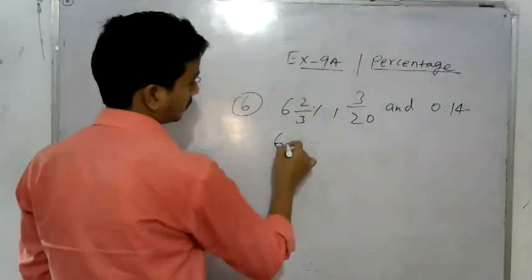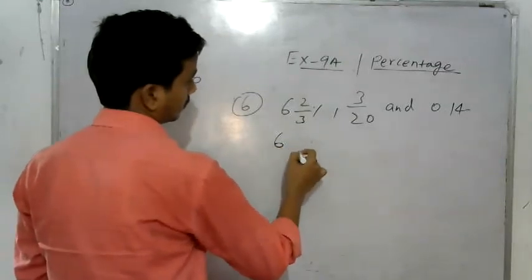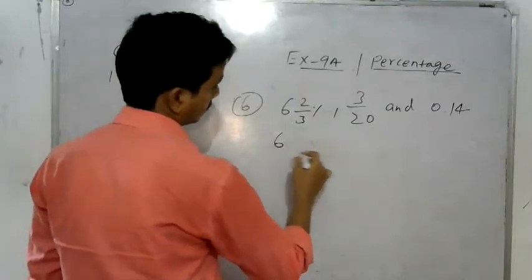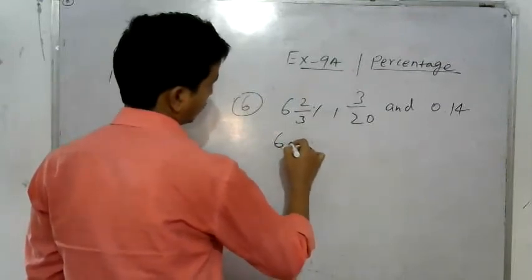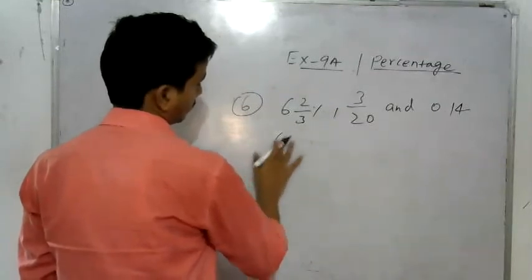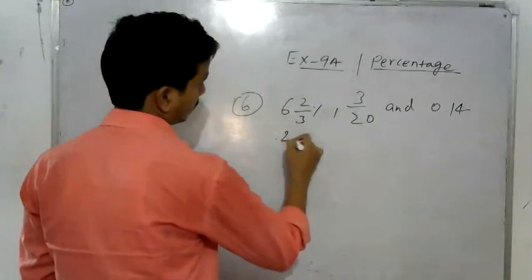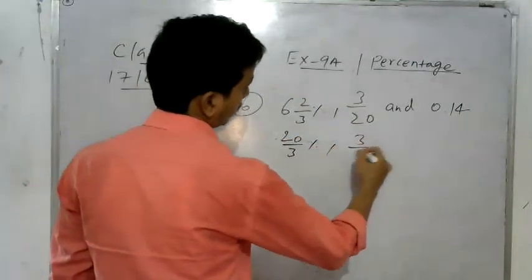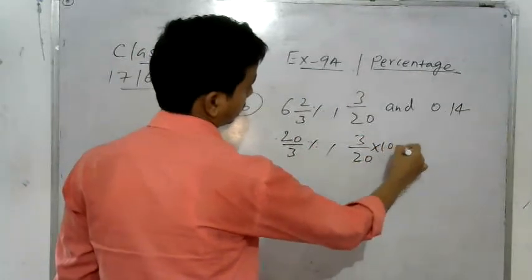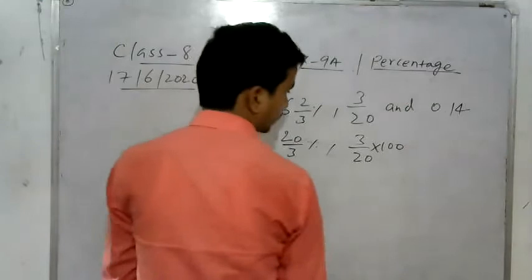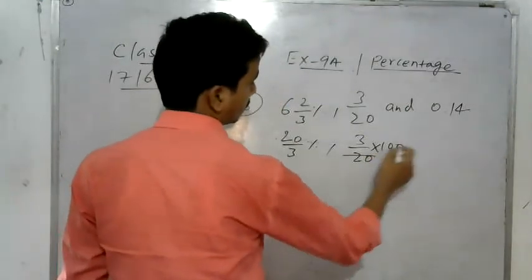So this will be 2 by 3, you can write it as 6 3s are 18, 20 by 3%. And this is how you convert a fraction into percentage: multiply by 100.